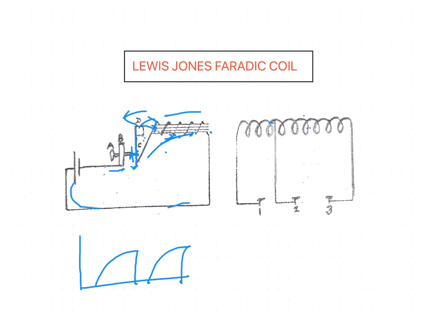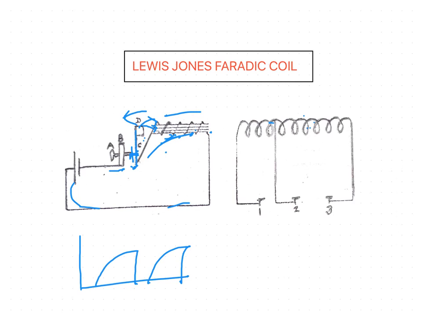an EMF in it. Okay, so based upon Lenz's law, when the primary current is rising in intensity, the EMF induced in the secondary is in the opposite direction to that applied to the primary.